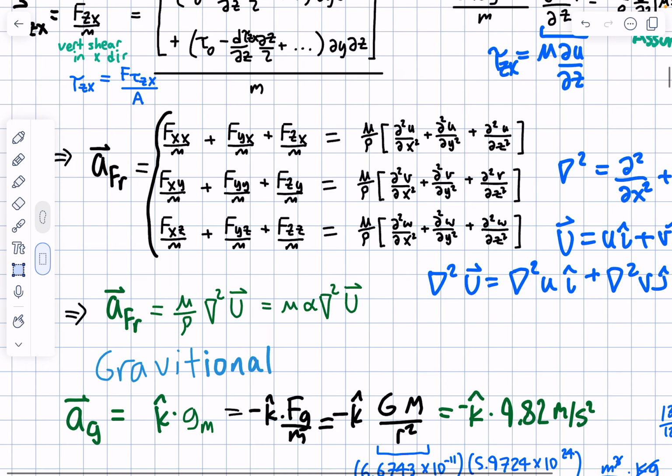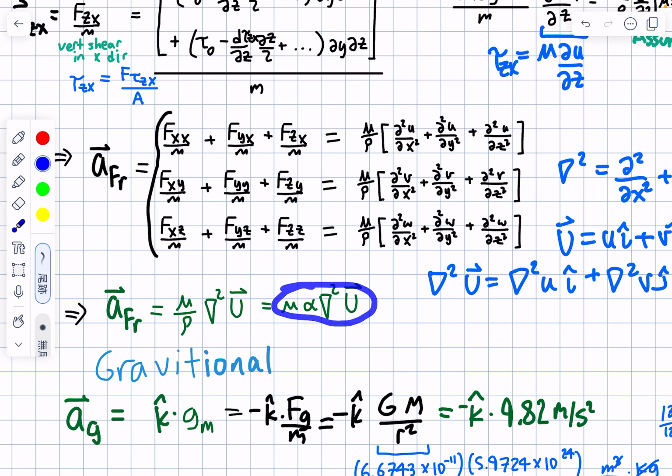And as we see, that finally gives us that the acceleration by frictional force is equal to viscosity over density times the Laplacian of the u vector. And we could also write it in this form if you like.